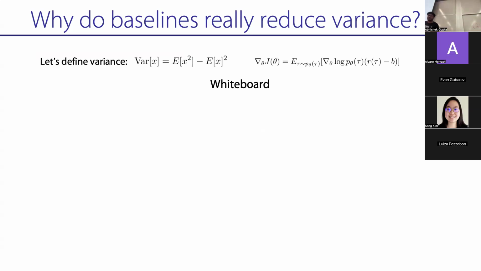And then you can say that if you have the policy gradient estimator, which is on the right, it's a function, you can compute the variance as a function of b, which is a baseline. Let's say you had a constant baseline, and you can compute your variance as a function of b, and then you can take the gradient with respect to b and set it to 0. Right? And so what that allows you to do is find the optimal baseline, right? The baseline that minimizes variance.